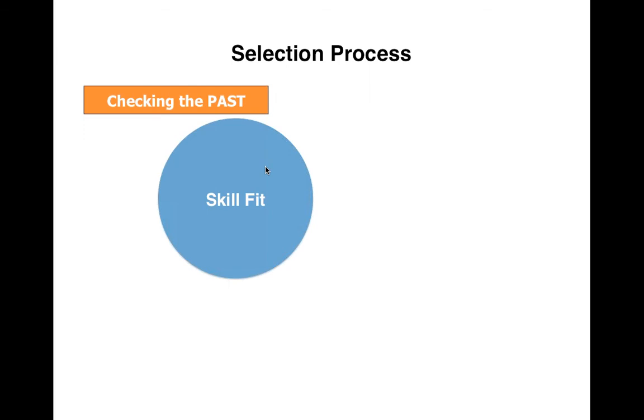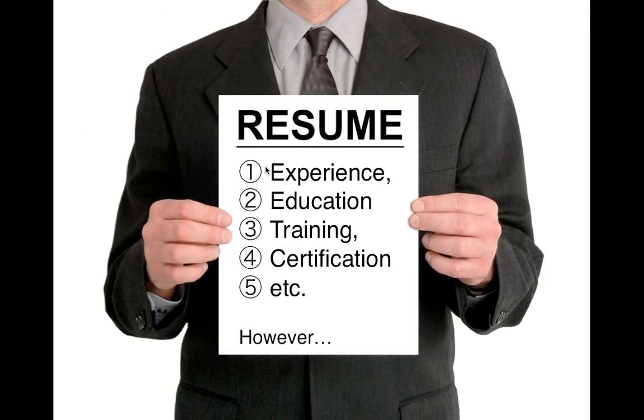This is historical information which is usually derived from the resumes of candidates, where we check the experience, past employment, education, personal references, and maybe some of you do a background check for verification.